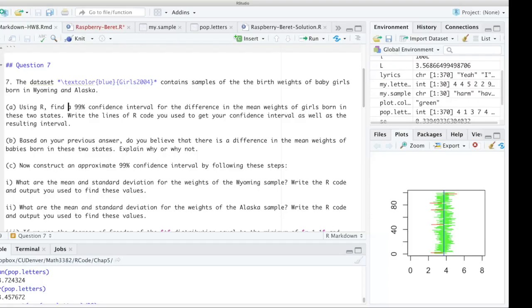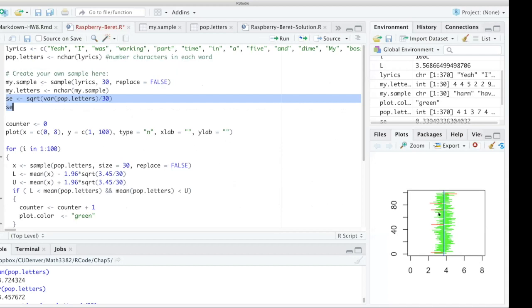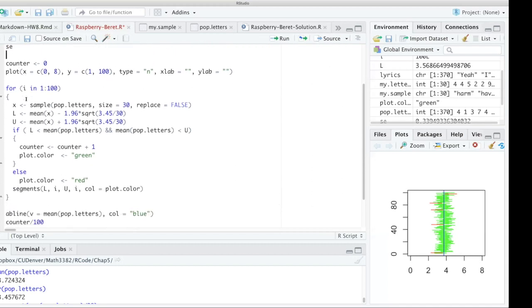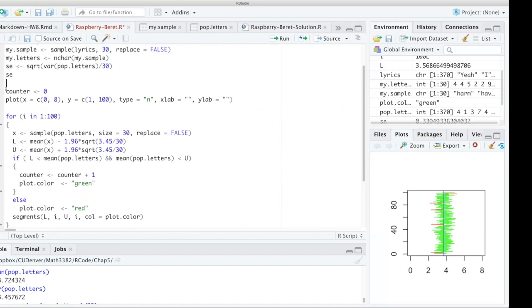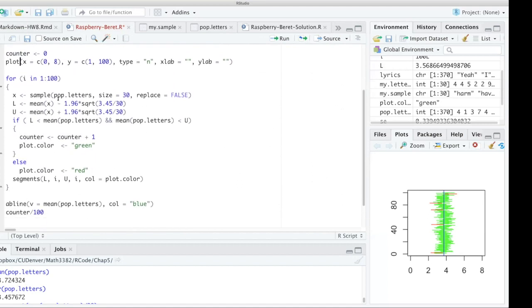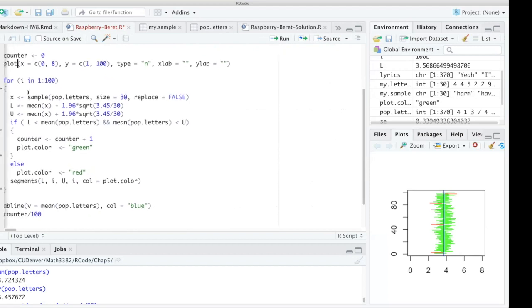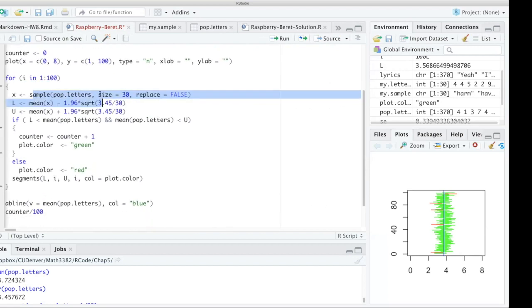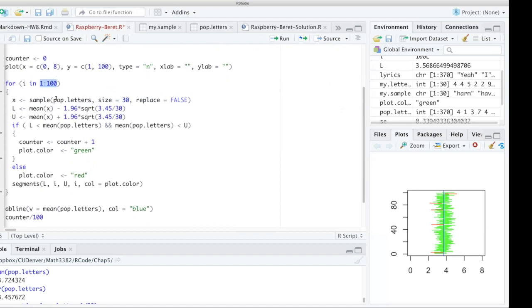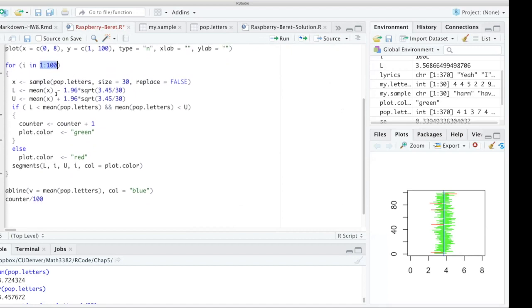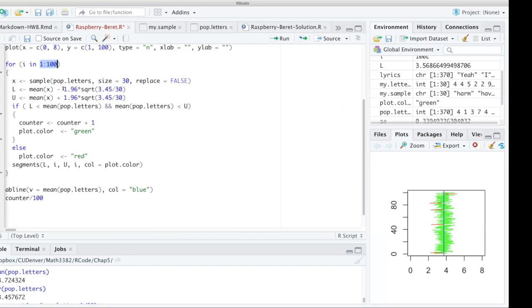If you're working with that R file, it has a nice little illustration. If I run the rest of this code, all it's doing is picking a different sample 100 times. So I'm going to generate 100 random samples, and for each of those, calculate the confidence interval.